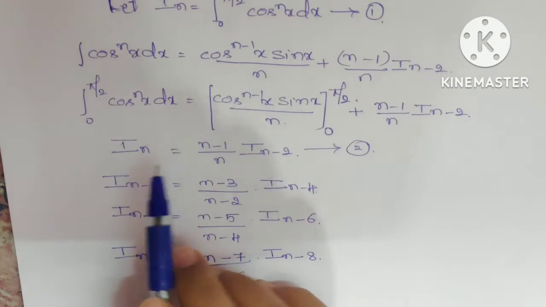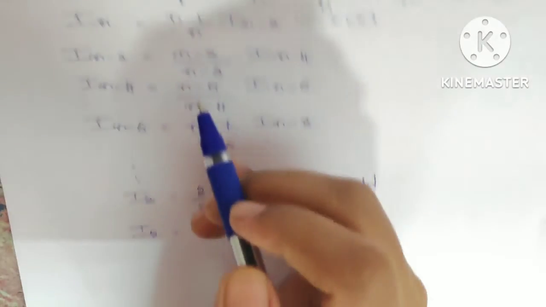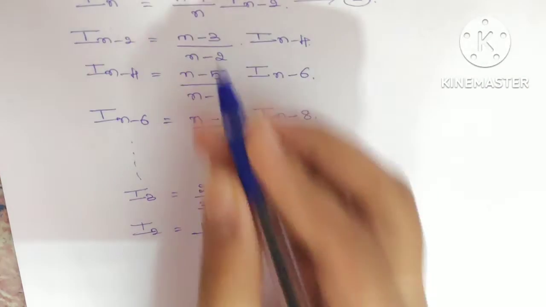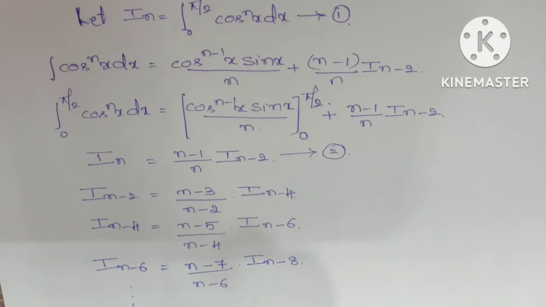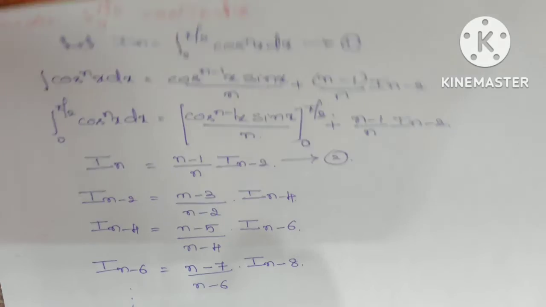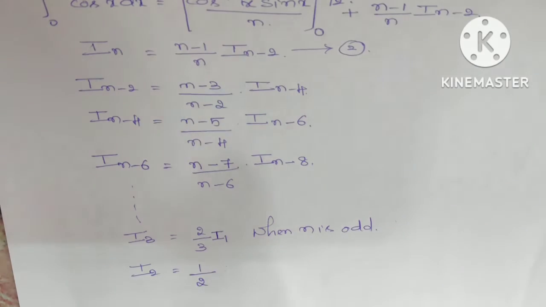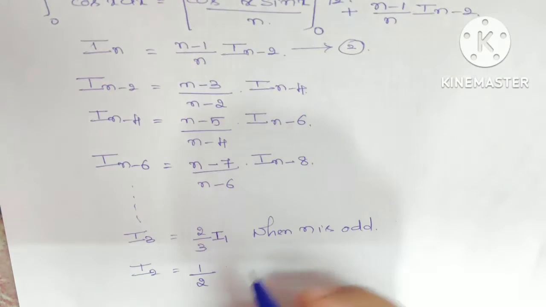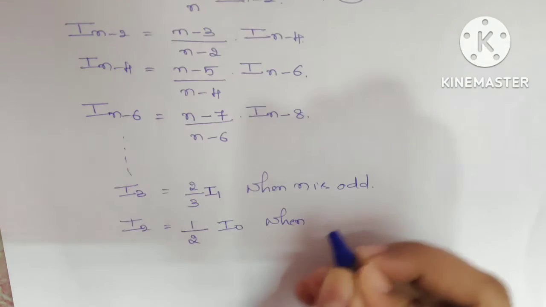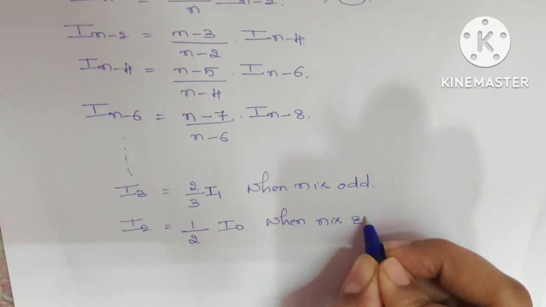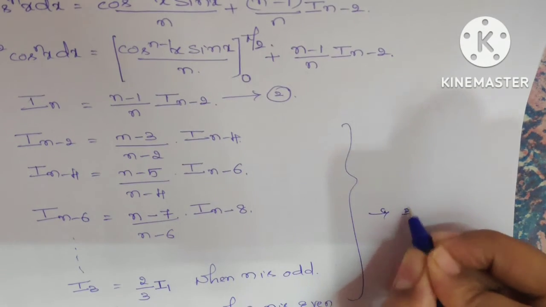So put n equals 2 in equation 2. We get (2-1) is 1 by 2 into I_(2-2) is I0. This is when n is even. So let it be equation 3.